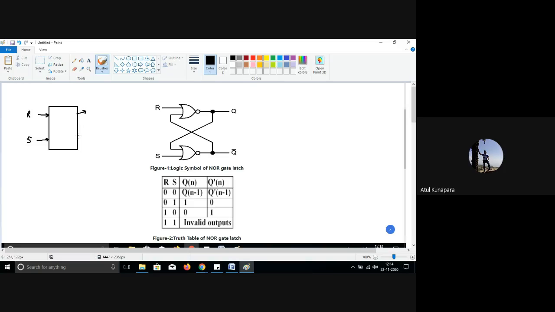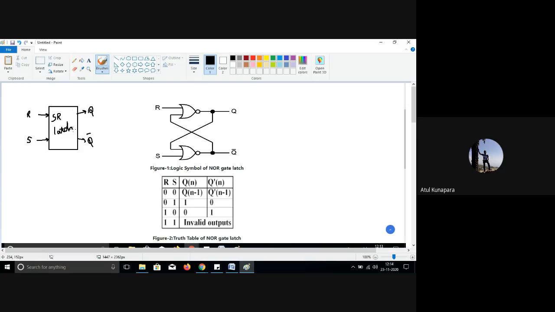It will have two outputs, that is Q and Q bar. Okay, and this is called an SR latch, set reset latch. So this is a simple block diagram.